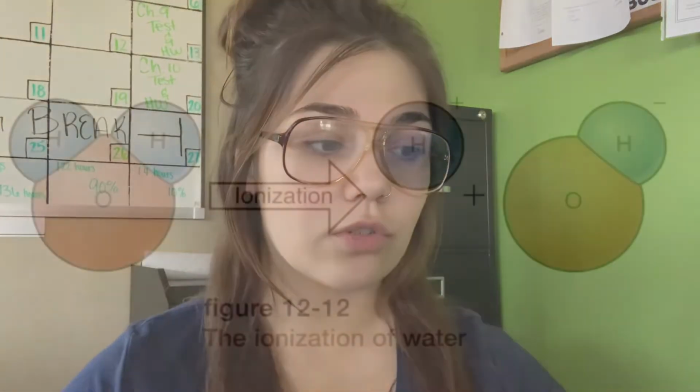Ionization is the separation of an atom or a molecule into positive and negative ions. An anion is the ion that has the negative charge. The cation is the ion with the positive electrical charge.